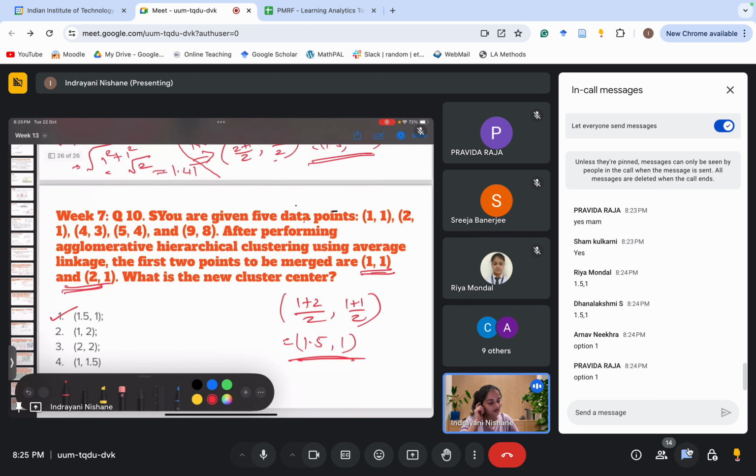So this was the last numerical which we solved from week 7. After that, weeks 8, 9, 10 didn't have any numerical. I think there was one question about Bayesian probability.